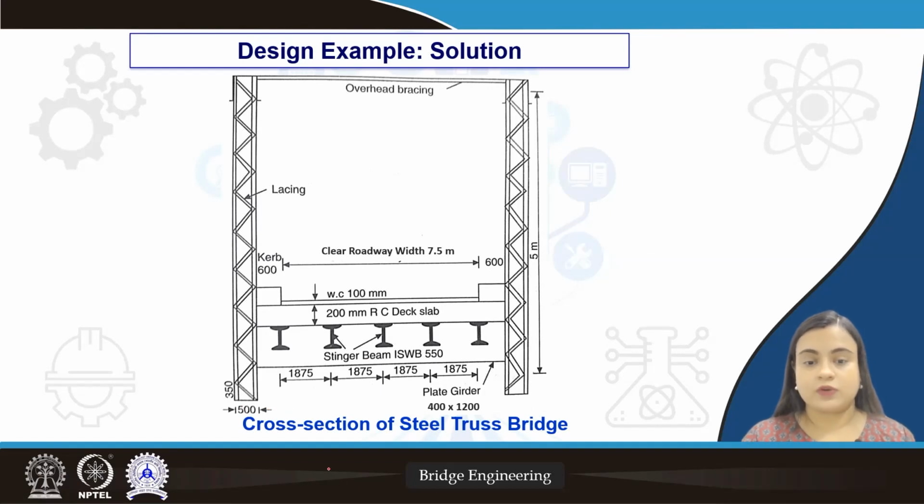We can have a look at the cross section of the steel truss bridge, showing the clear roadway width of 7.5 meter, then RC deck slab of 200 millimeter thickness, wearing coat of 100 millimeter thickness, stringer beams ISWB 550, then the distance between center of each of the stringer beams is 1.875 meter, plate girder of 400 mm times 1200 mm. Then the trusses are shown here.